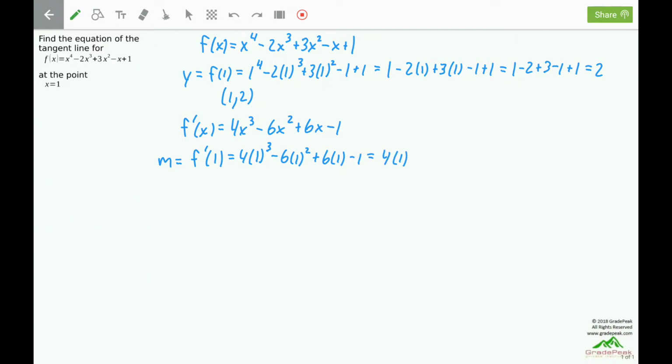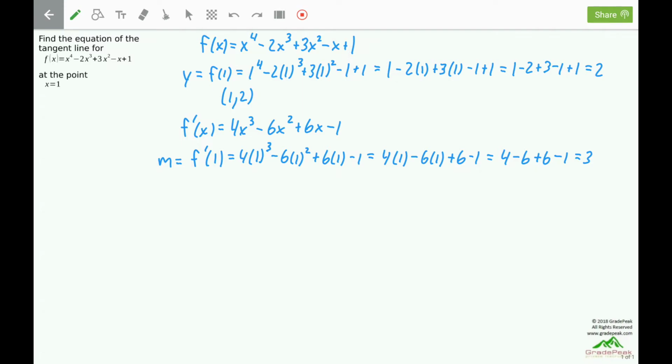Well, 1 cubed is a 1, 1 squared is a 1, 6 times 1 is 6, and then minus 1. 4 times 1 is a 4, and then we have a minus 6, plus 6, and a minus 1. 4 minus 6 is negative 2, plus a 6 will be a 4, minus a 1 will be a 3. So we have a slope of 3.